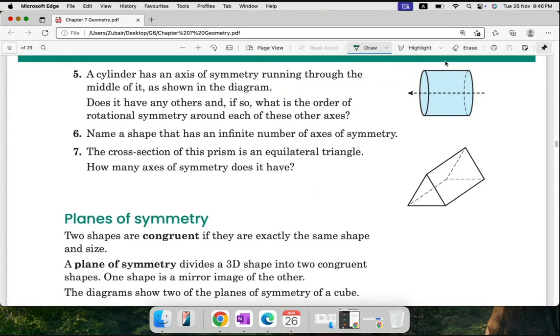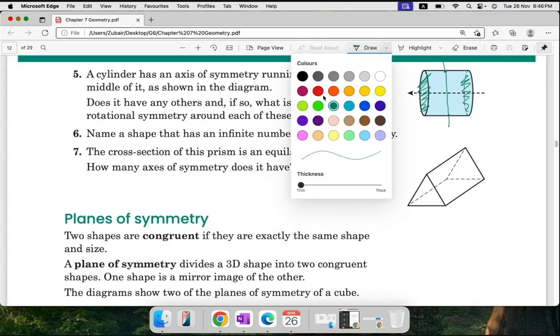If we penetrate from the top and take it out from the bottom, it has to be equal on both sides. So we can do this at many different places. But whenever we draw this, the order of rotation would be 2, because when we rotate, this cross section would go to the other side, and in the next attempt, it would come back.